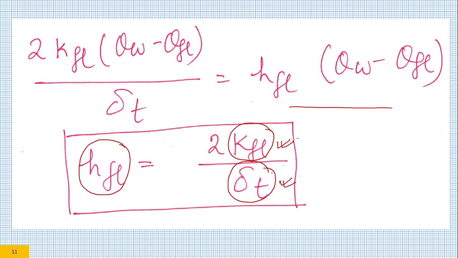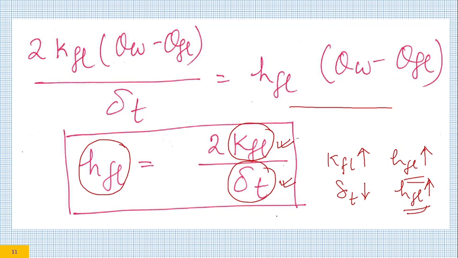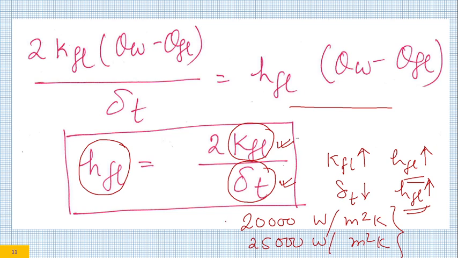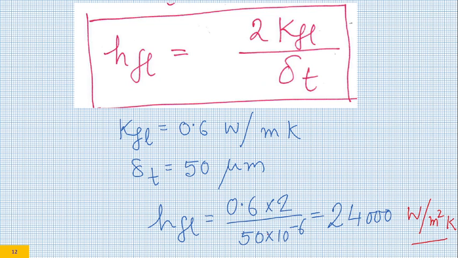So if you choose a fluid where KFL is high, your HFL is going to be high. If you somehow reduce the thermal boundary layer, then also your HFL is going to be high. Now already in a previous numerical problem, we have used a value of 20,000 and in another one 25,000 watt per meter square degree Kelvin. Let us estimate using this equation how much is the typical value of HFL.